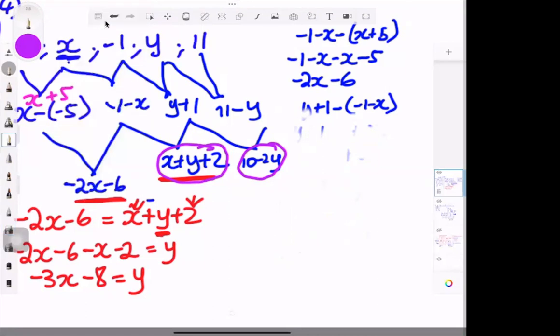Right. So we also know that x plus y plus 2 is equal to 10 minus 2y. Right? We also know that y is negative 3x minus 8. Right?